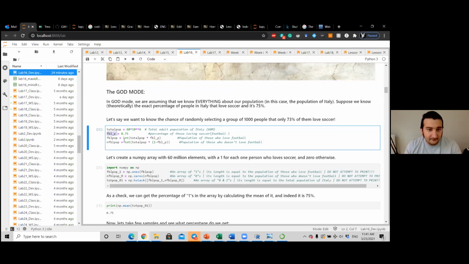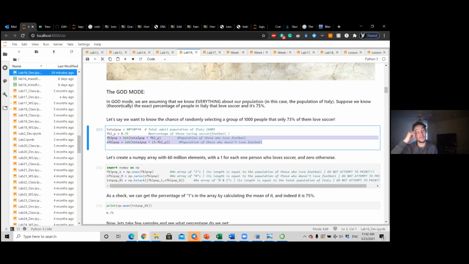So by running these two lines, I'll have the population of Italian people who love soccer and the population of Italian people who do not love soccer. 75% of the population, 25% of the population. Fair? Clear? As water. Okay, awesome.